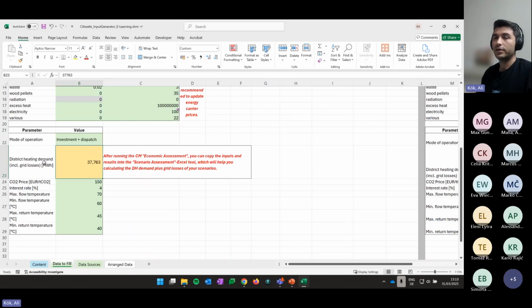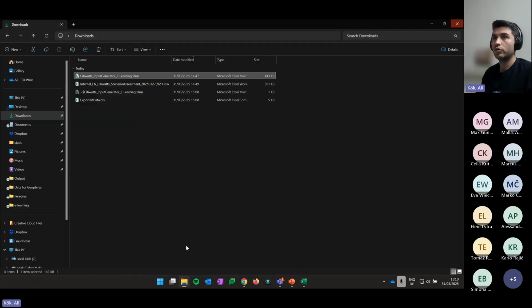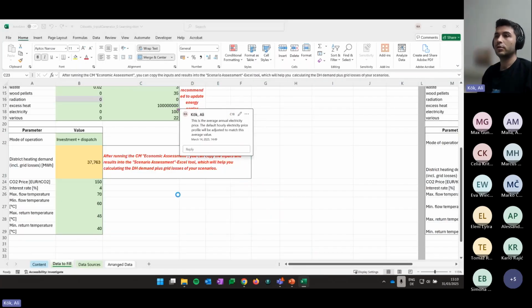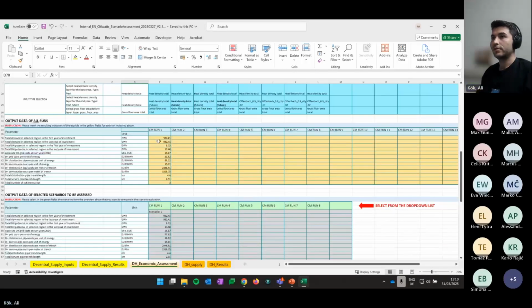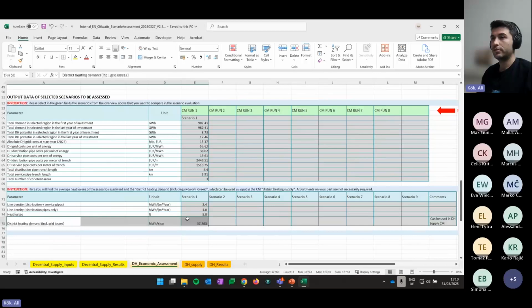Here you have the district heating demand. This should ideally come from the previous module Mustafa presented. When you run this economic assessment module, maybe I can quickly show you, when you come here in the scenario assessment tool, when Mustafa pastes his results in this part, you see the district heating demand, including grid losses.